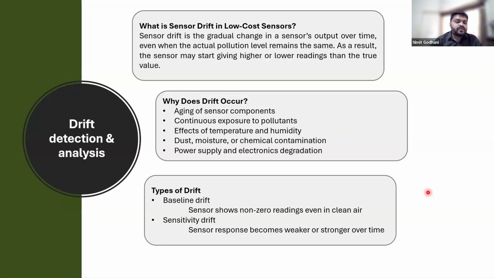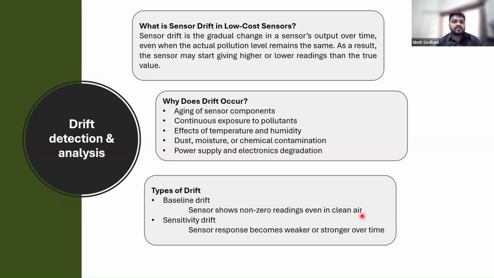We have often noticed that after a longer period, without entering any seasonal calibration factor, if you measure the PM concentration for a longer time, it will show some drift in the measurements. So for that, we use other algorithms to detect the drift and aging of the sensor.